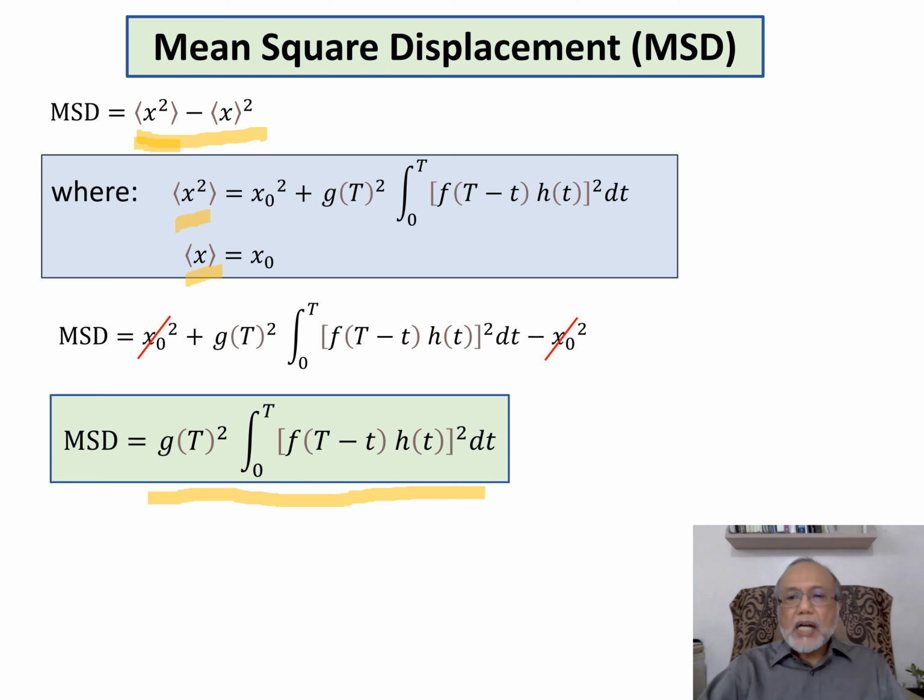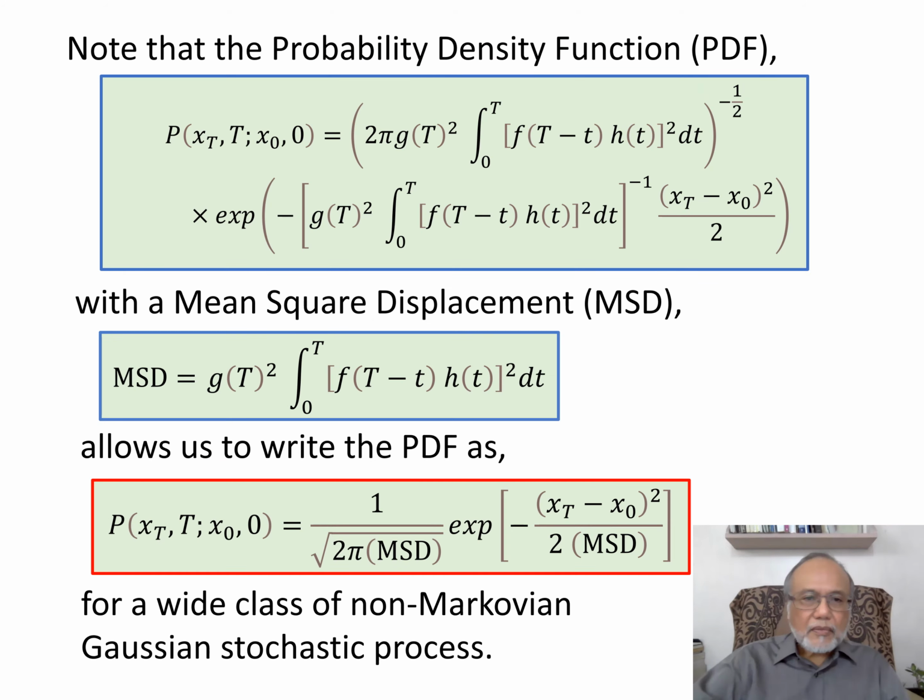Given this form of the mean square displacement, our first observation is the following. Observe that the probability density function that we have is of this form, and given the mean square displacement that we have calculated, you would recognize that we can use this expression for the mean square displacement in our PDF.